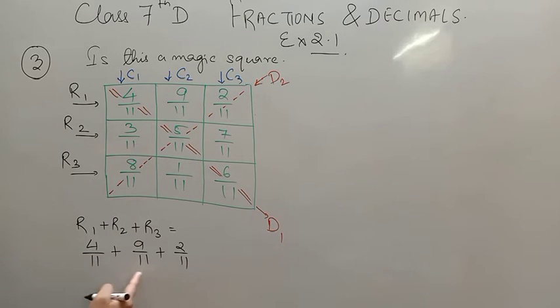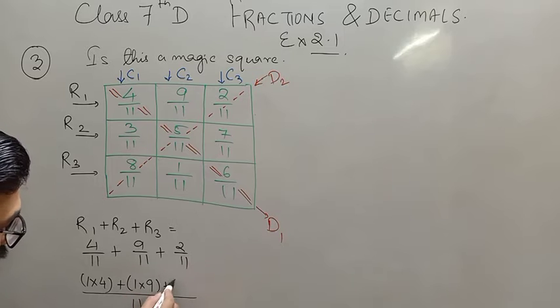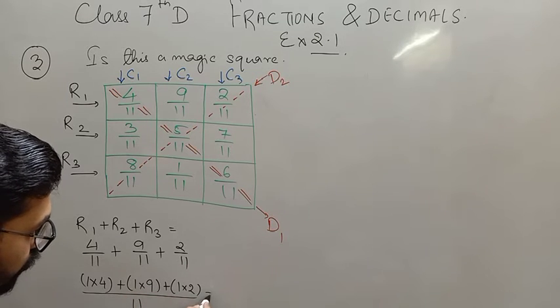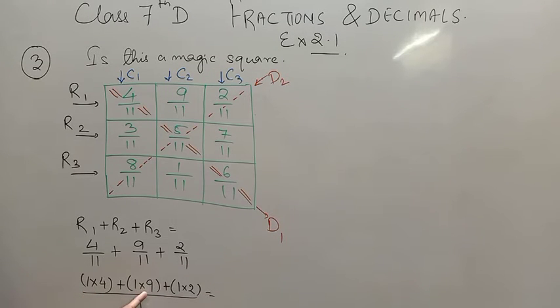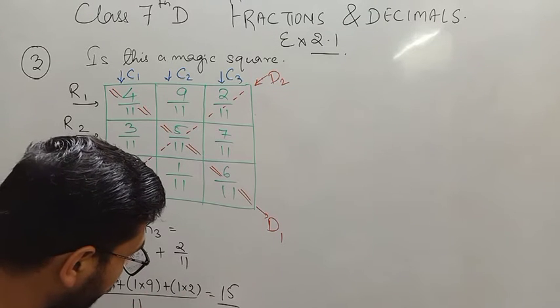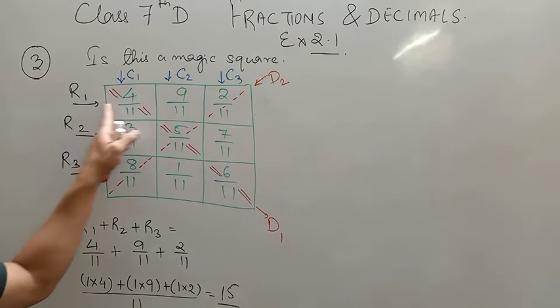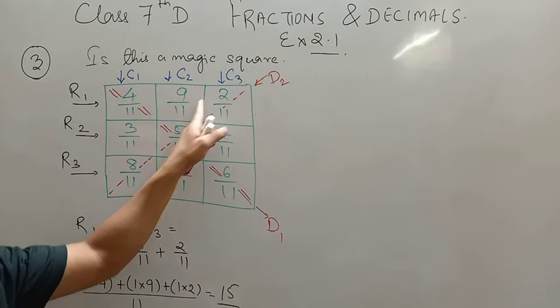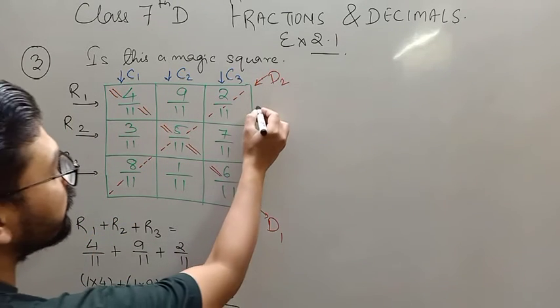Now in the denominator I have 11, so the LCM is 11. 11 ones are 11 into 4, 11 ones are 11 into 9, 11 ones are 11 into 2. So what I'll have? 4 plus 9 plus 2. So 4 plus 9 is 13 plus 2, 15. So the summation of R1, 4 by 11, 9 by 11 and 2 by 11, is equal to 15 by 11, right?